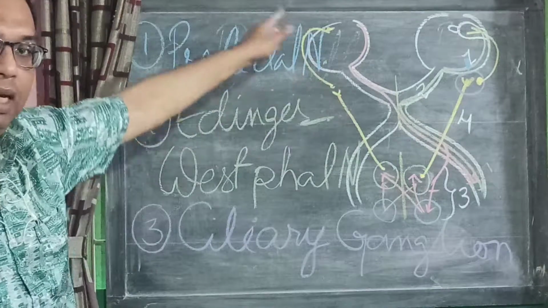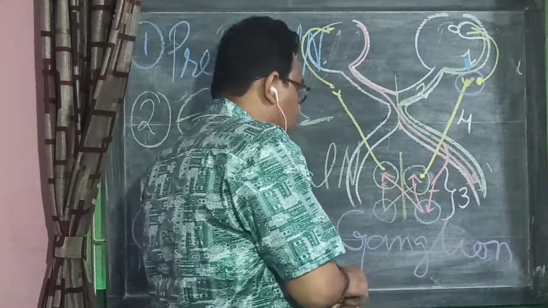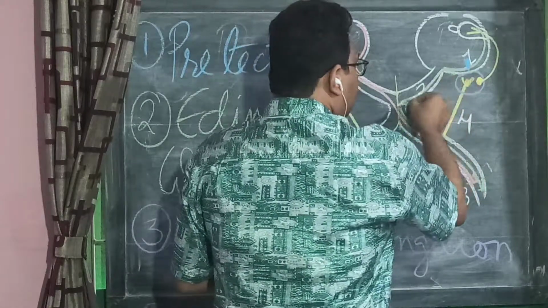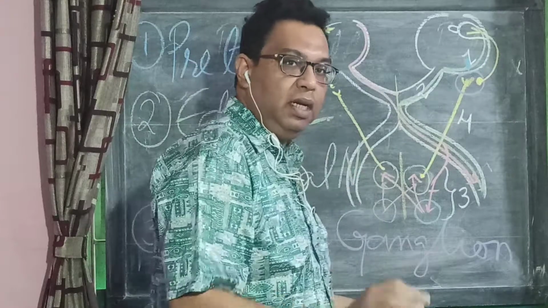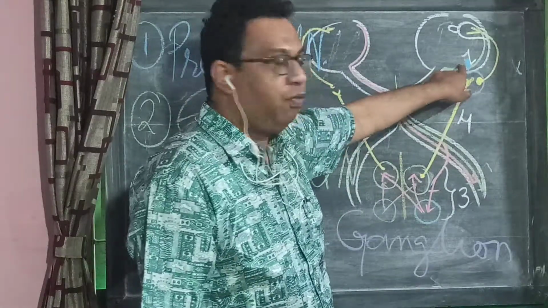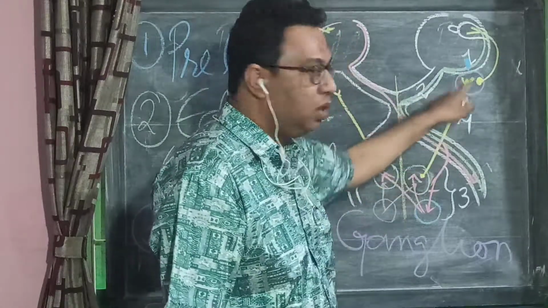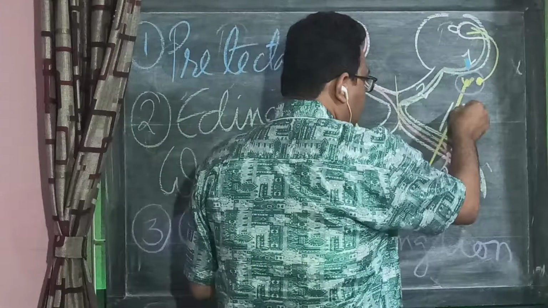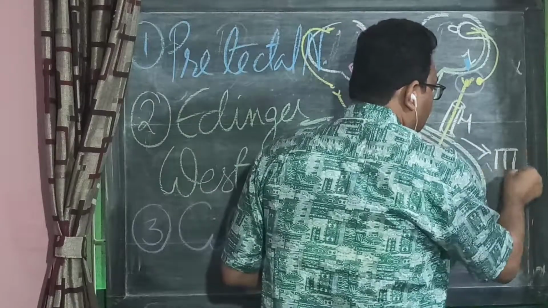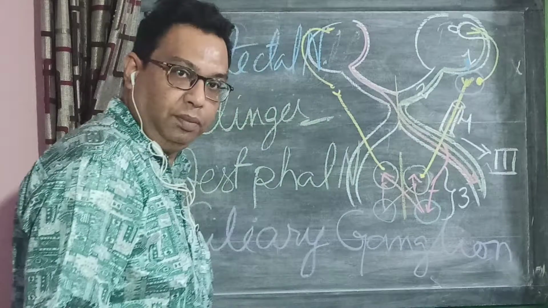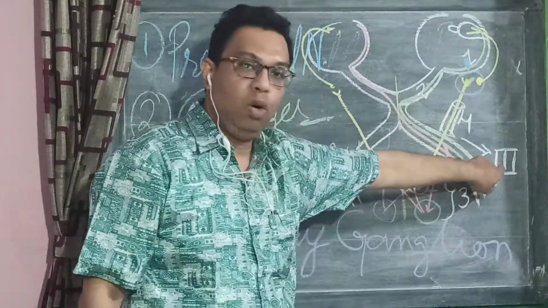So this is basically what the pupillary reflex is all about. Now, this is the optic nerve. So when you check the pupillary reflex, you are checking for the integrity and the well-being of the photoreceptors, the optic nerve, the centers, and also the efferent nerve. The efferent nerve in this case is the third nerve or the oculomotor nerve. So optic nerve, center, oculomotor nerve.